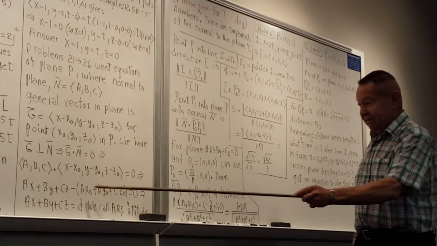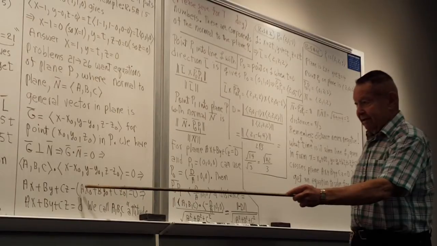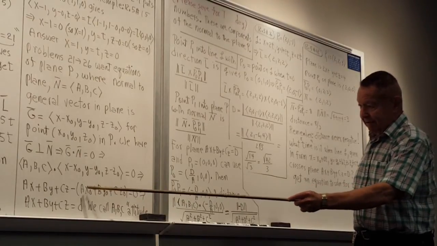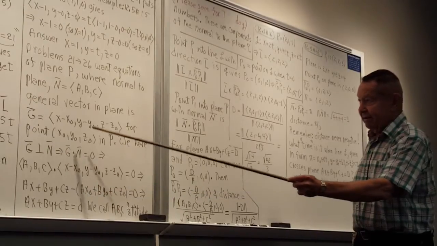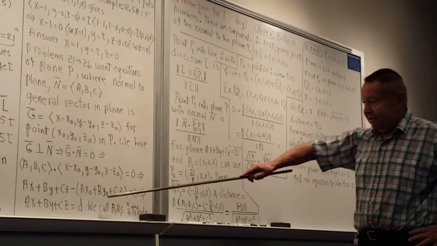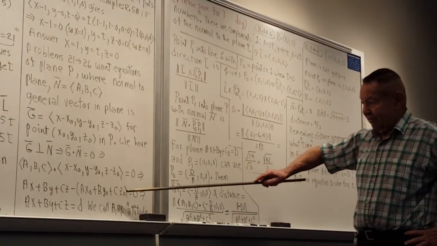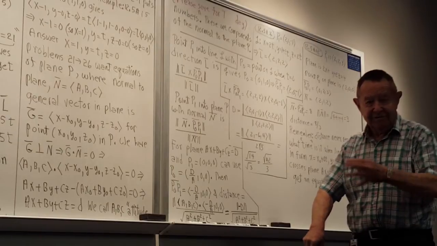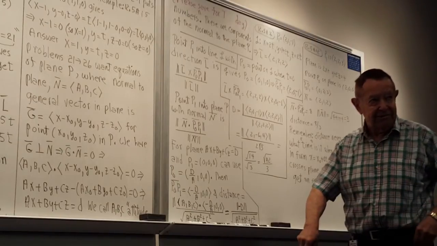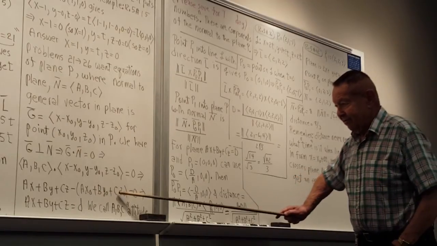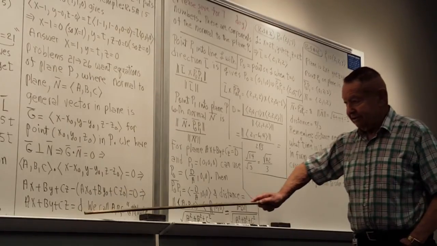You see, this sum of products, Ax0, By0, is like a dot product of this vector with the position vector for your plane, which is the vector from the origin to the point that you're given that's in the plane.